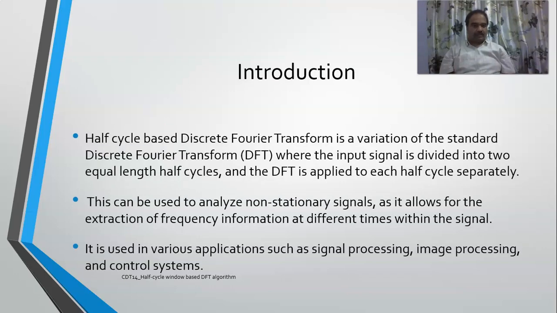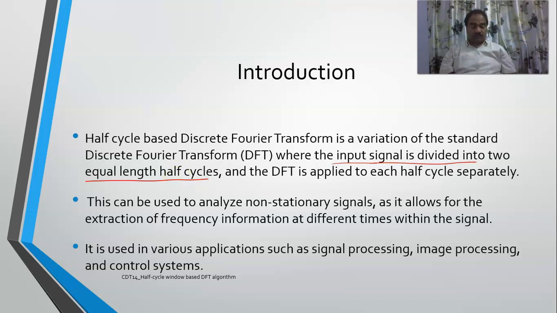So half cycle based DFT is very similar to the previous method which we have seen, the full cycle based DFT. The only difference is that the input signal is divided into two equal length half cycles, and the DFT is applied to each of the half cycles separately.